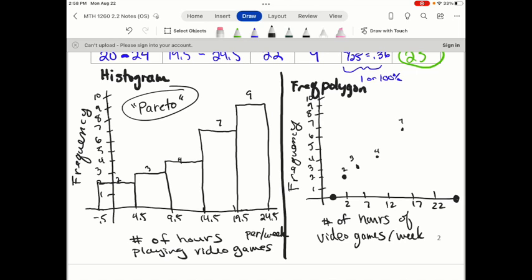And then for the midpoint 22, on that interval, we have a frequency of 9. Okay, so now I'm going to connect the dots. And there is our frequency polygon for the number of hours played of video games per week.